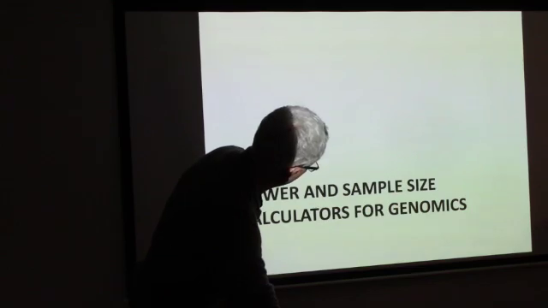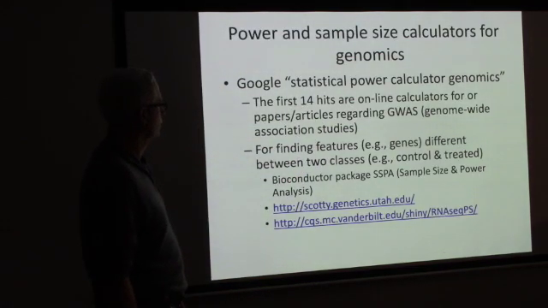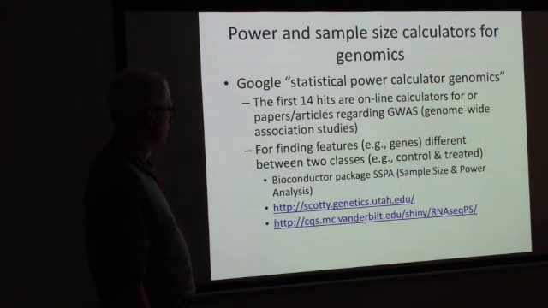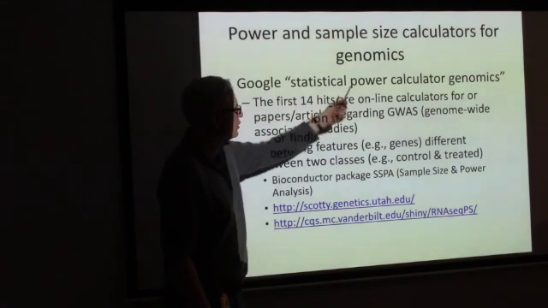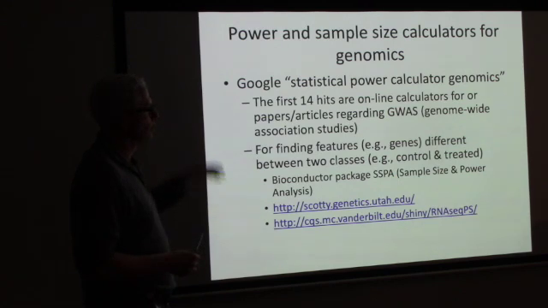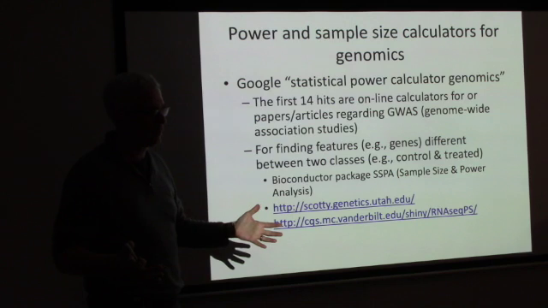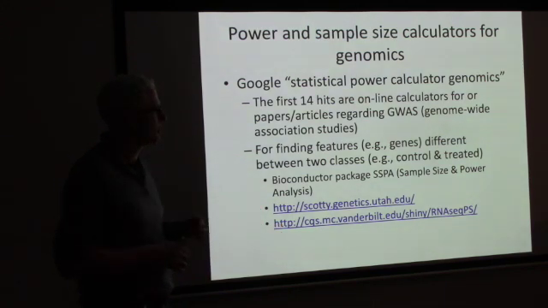So in terms of software to use, if you Google statistical power calculator genomics, you get a lot of things for GWAS. So for planning your GWAS study. Everybody know what a GWAS study is? So you get a lot of things for that.